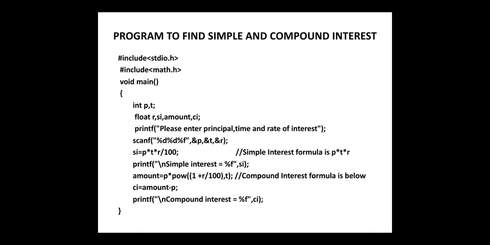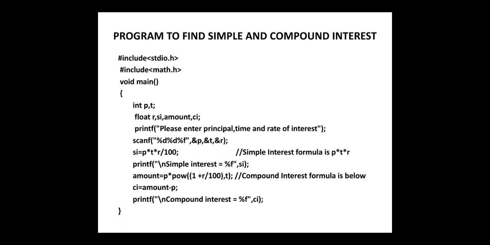Next statement, scanf. The scanf is used for reading values from the keyboard. Here I am reading P, T, R. P is an integer data type, so the format specifier for P is %d. T is an integer data type, the format specifier is %d.